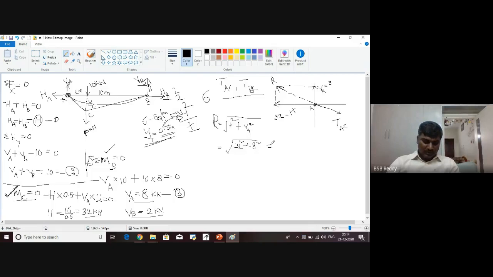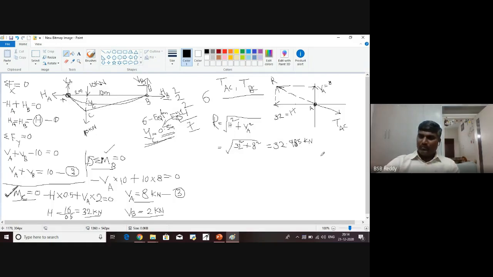Let me calculate. Square root of 32 square plus 8 square is 32.985 kilonewton. So this is the resultant value.